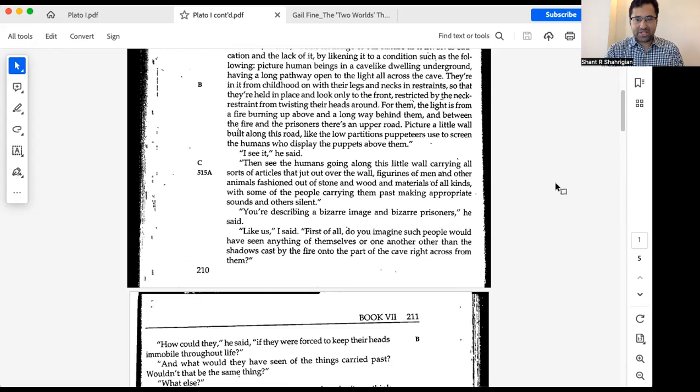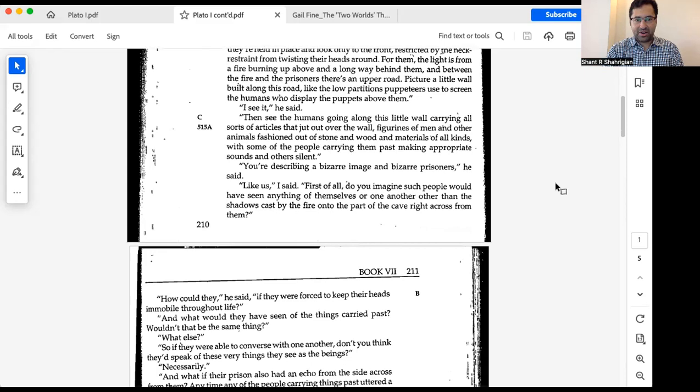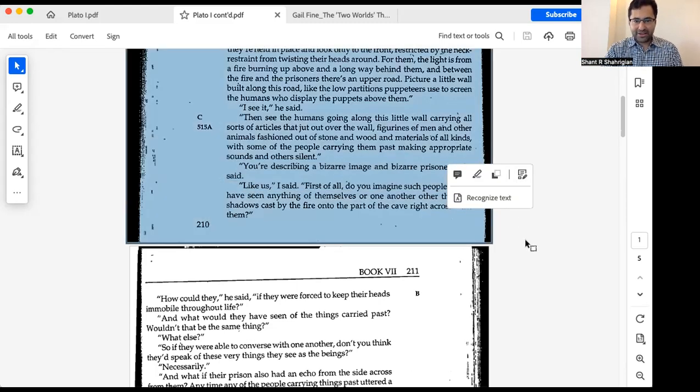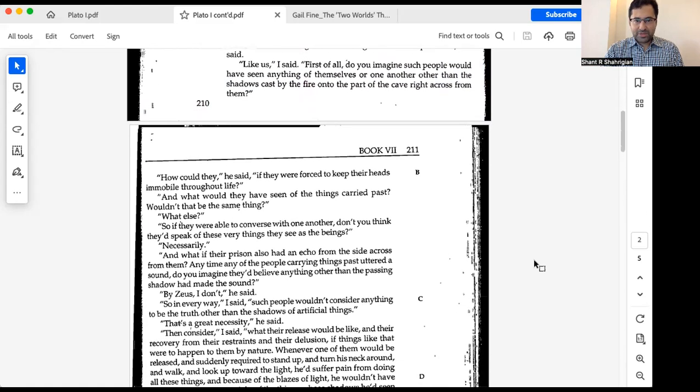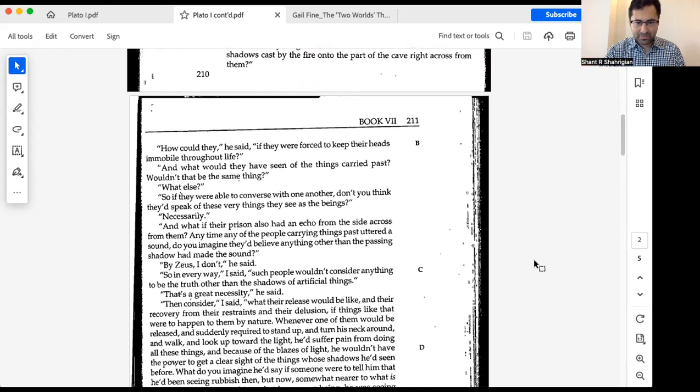And the person Socrates is speaking with, named Glaucon, interjects, "You're describing a bizarre image and bizarre prisoners." Socrates' reply: "Like us." These people spend their lives, it's the only thing they've ever seen, these strange shadows cast by the fire and the puppets.